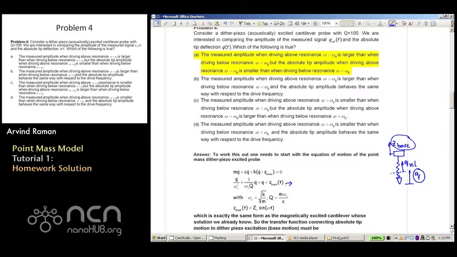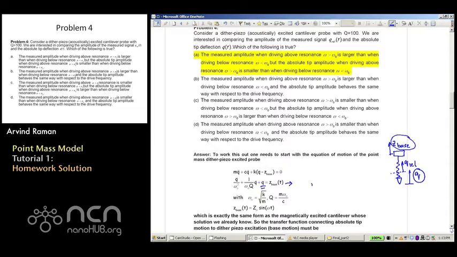This equation, which we derived in class, is basically the same form as the directly magnetically excited cantilever, right? In the magnetically excited case, you had the magnitude of the force on the right hand side, but otherwise it was basically the same equation.